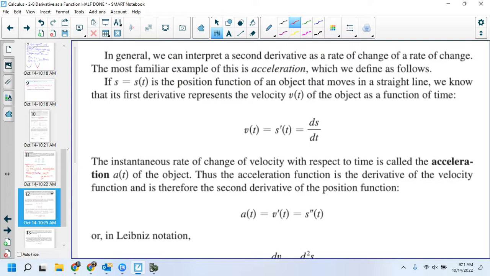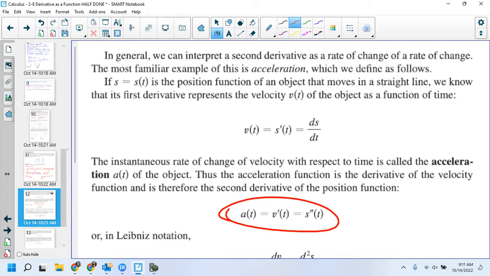If we know the position function, s of t, if we take the derivative of s of t, we get velocity, right? And if I know the derivative of velocity is acceleration, then I can make this statement right here. Acceleration is equal to v prime, and acceleration is also equal to s double prime of t.